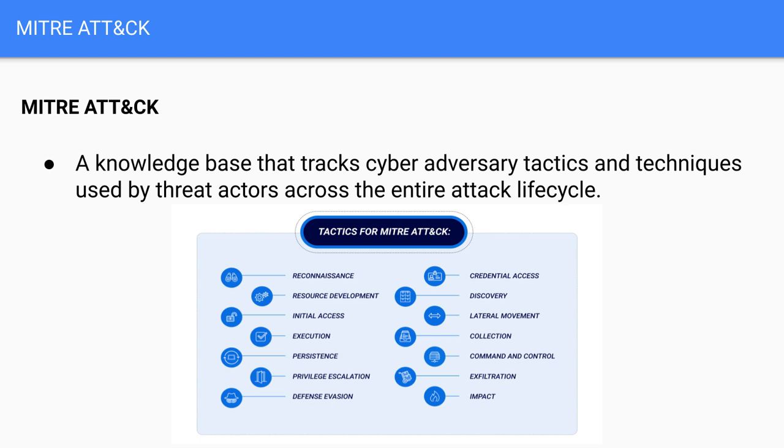It's MITRE ATT&CK. In my opinion, MITRE ATT&CK is one of the greatest products in the history of cybersecurity. Why is that?